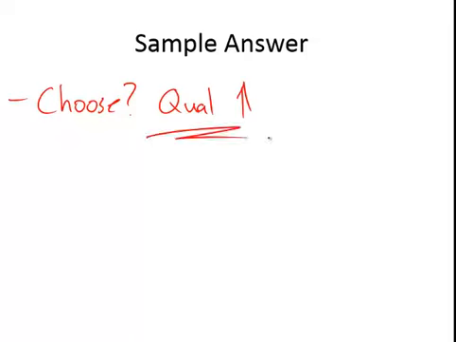Now, what does the professor say in that lecture? First, she asks us a question. How do we choose between products? And then she answers that question. She says we choose by quality. High quality gives us reason to choose something. But what is quality?